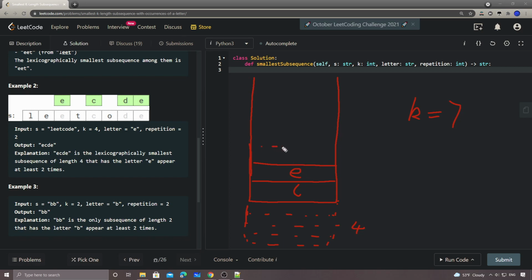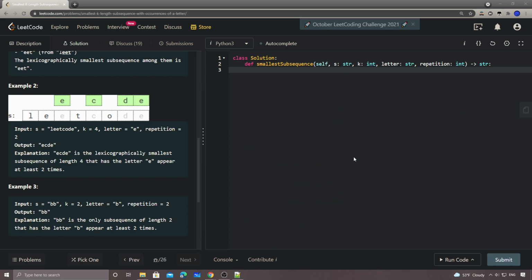Let's say this one E, there's another X here. Next, after E, in this case we cannot pop L, because as you can see, after popping L we only have 2 letters left. Even if we concatenate both of the letters with this 4, the longest we can get is 6.